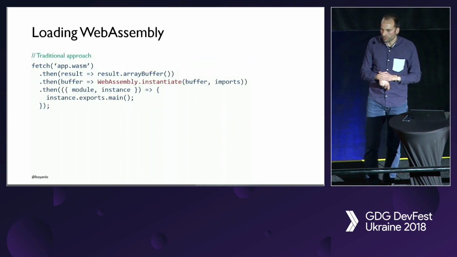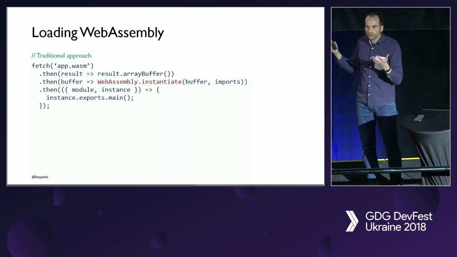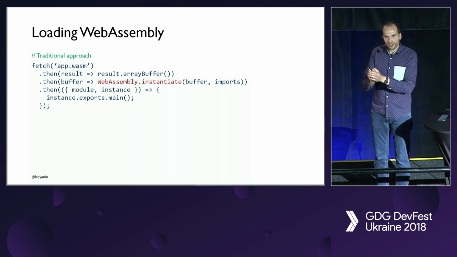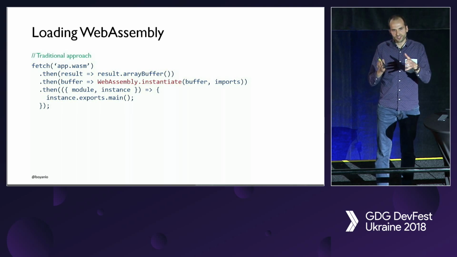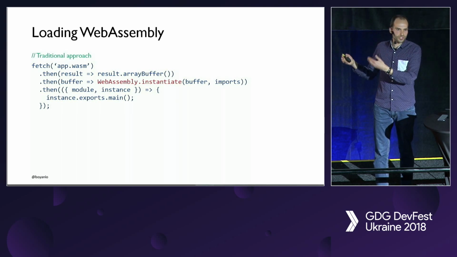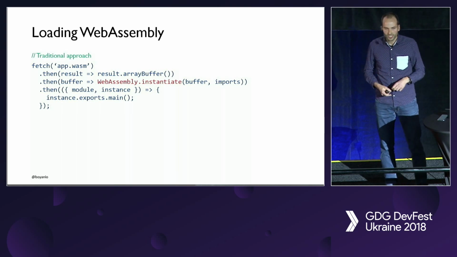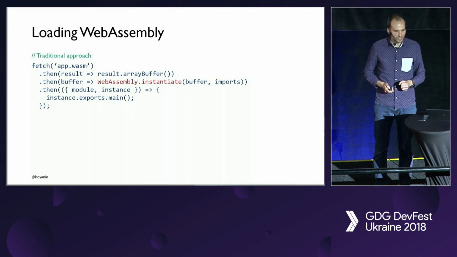How are we going to load WebAssembly? Well, if you have a WebAssembly compiled module, we have to fetch it, as we said before. Then we have to turn this into an array buffer and call the function WebAssembly.instantiate, where we provide this array buffer plus our imports if we need to or if we want to. It's completely optional. And then at the end, we get our instance on which we can call our exported API.